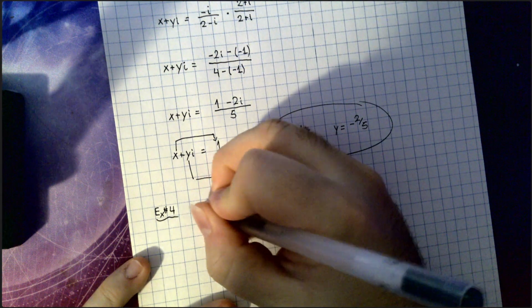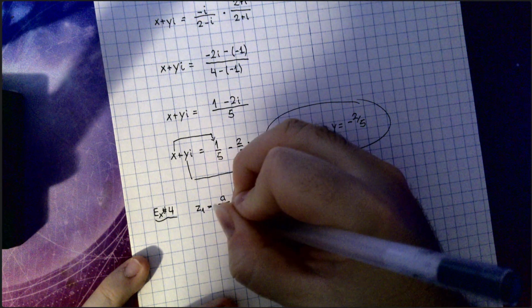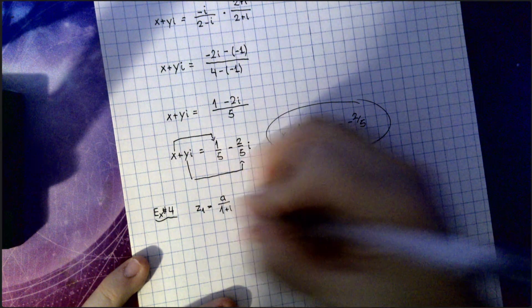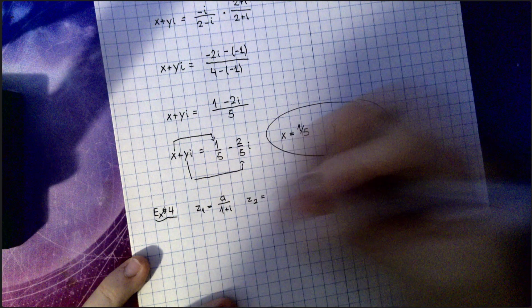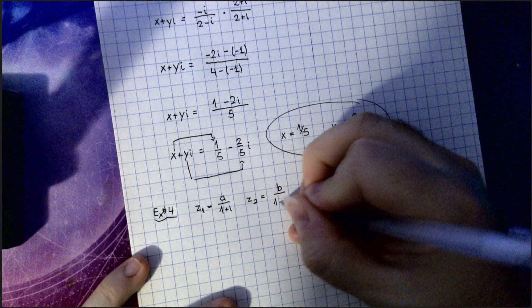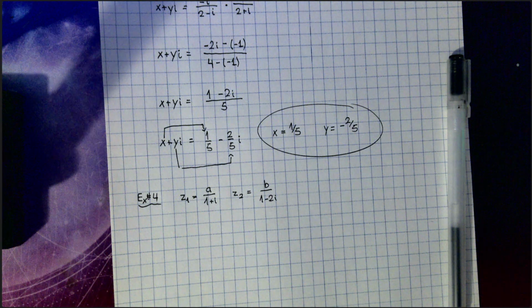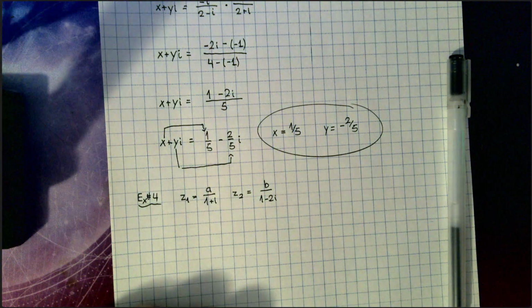So I've got z1 is equal to a divided by 1 plus i, and z2 is equal to b divided by 1 minus 2i. So take a second and try it, and then we'll take it up.